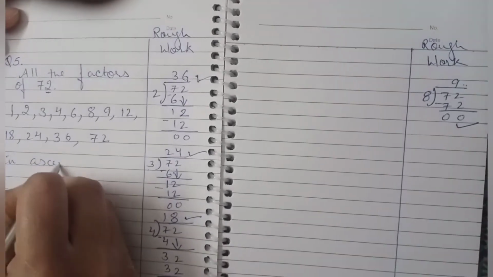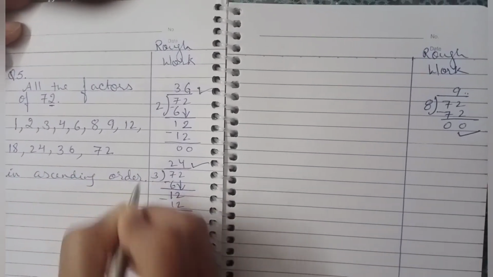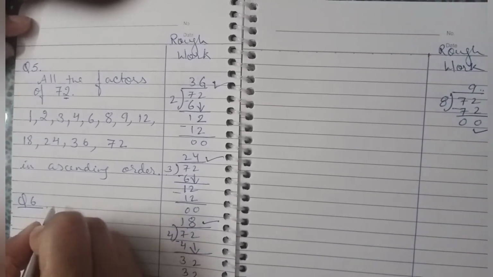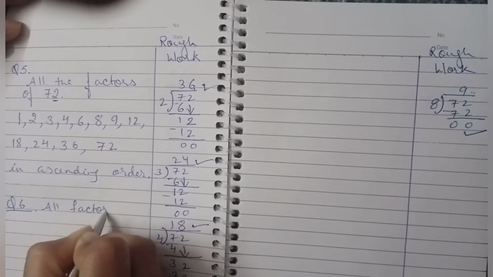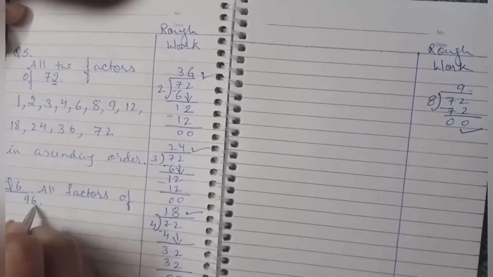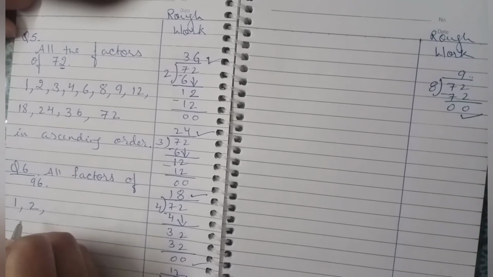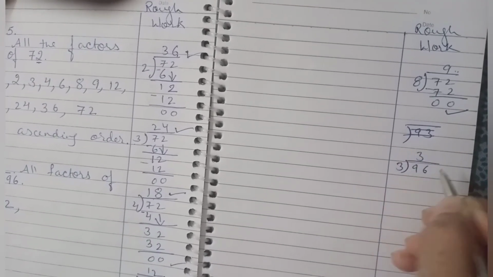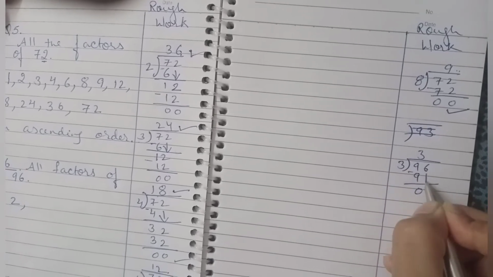These all are the factors of 72. The smallest factor of any number is always 1 and the greatest factor of any number is the number itself. So in this case 1 will be the smallest factor of 72 and 72 will be the greatest factor of this number. Similarly, we have to do question number 6 and 7 also.